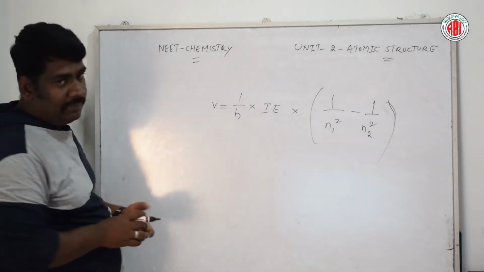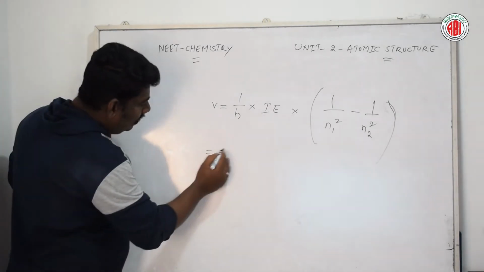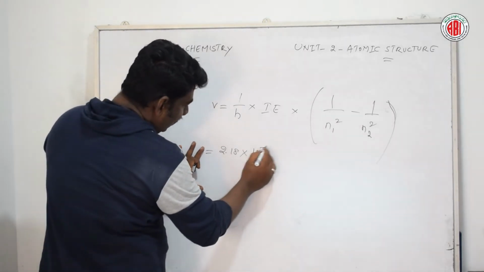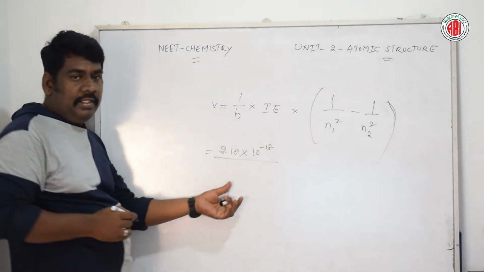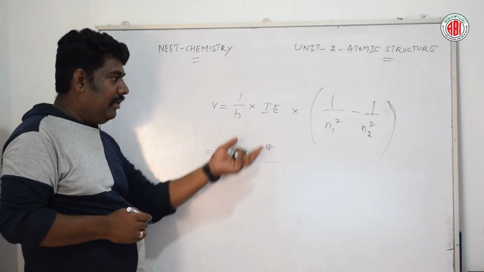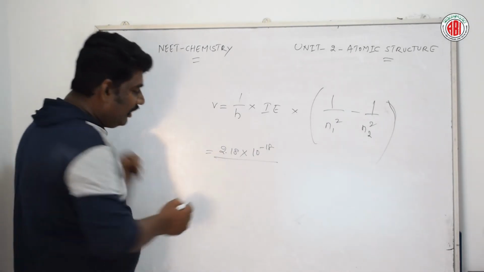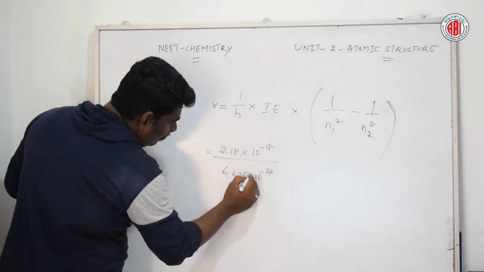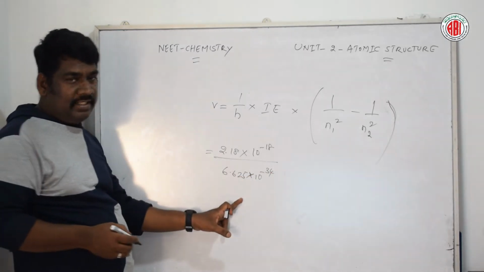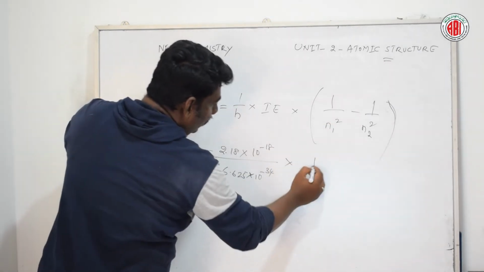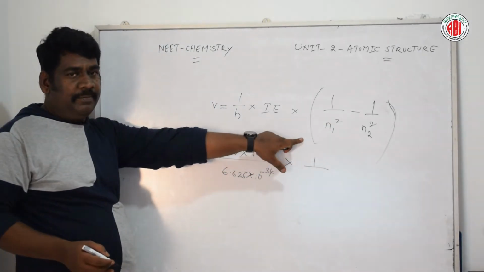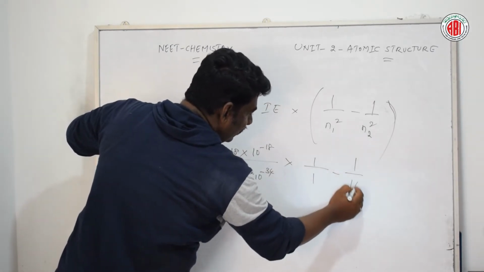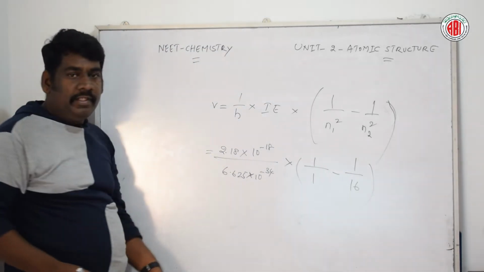So let us apply all the values here: 2.18 × 10^-18 divided by Planck's constant value, 6.625 × 10^-34, into (1/n1², that is nothing but 1, minus 1/n2², that is nothing but 1/16).